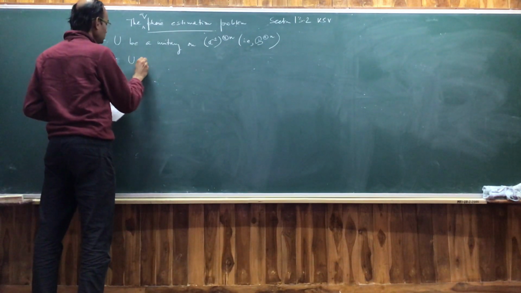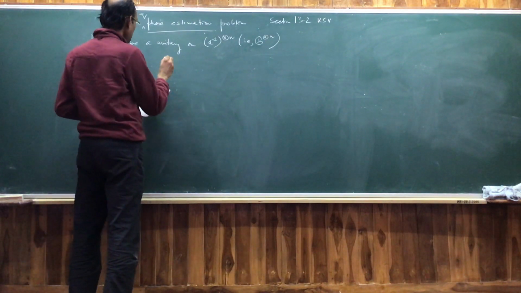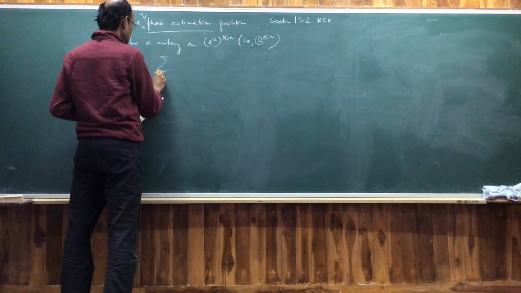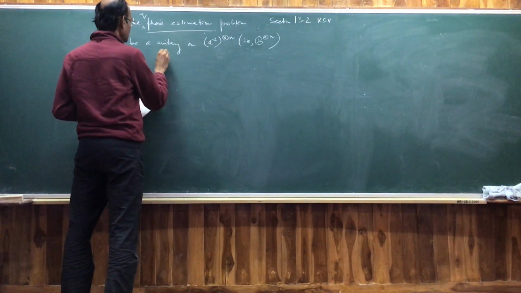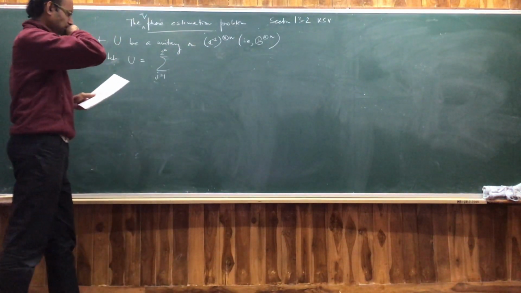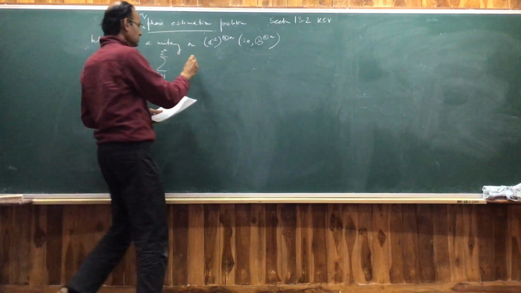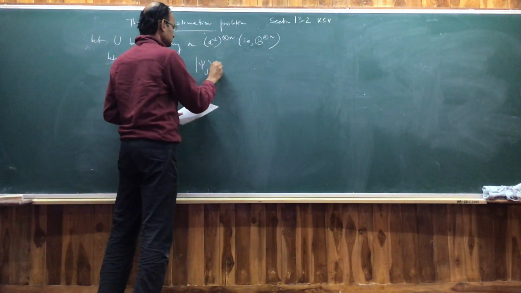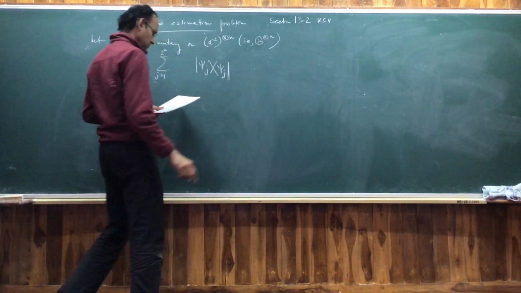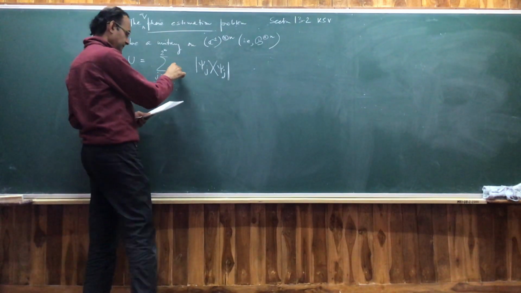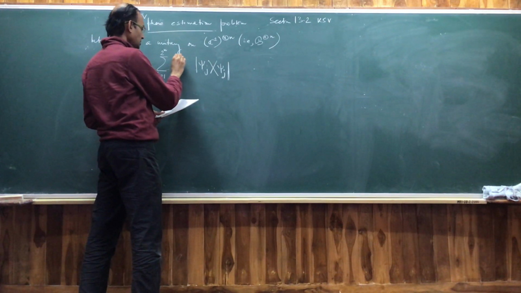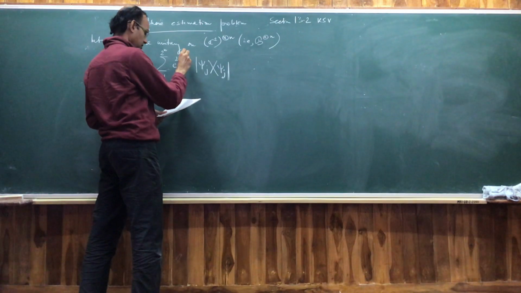Let U be a unitary, so I can always write it in spectral decomposition, j equals 1 up to 2 power n. This is the dimension, so there are so many eigenvectors. These are eigenvectors. And this is the phase. It will be e power i multiplied by a real number, but I will write it as 2 pi i theta.